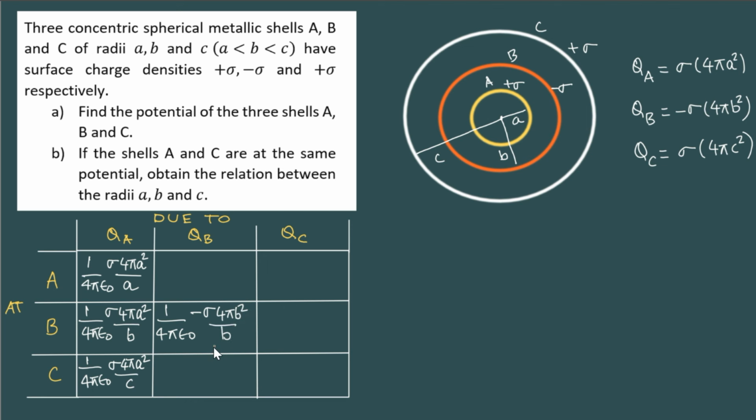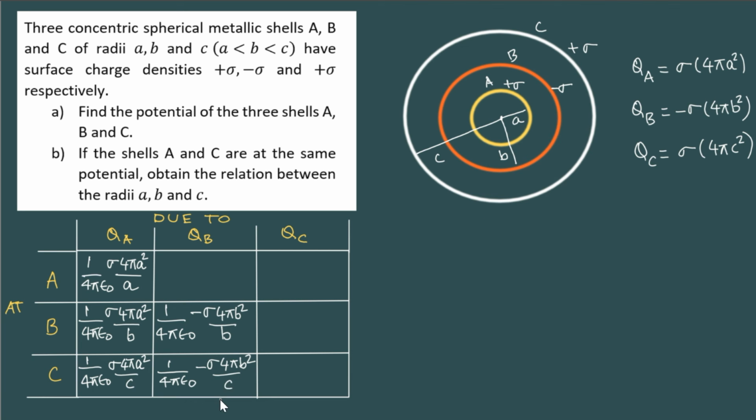If you move outwards to shell C, the same charge will generate a potential of 1 by 4 pi epsilon naught, minus sigma times 4 pi b squared, divided by the distance of any point on shell C from the common center, which is c.